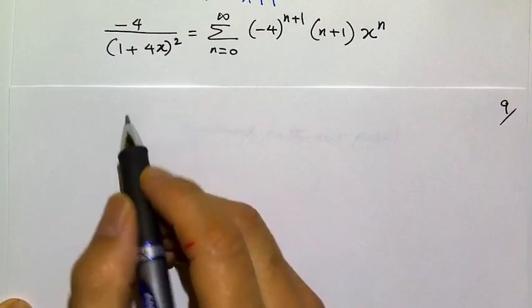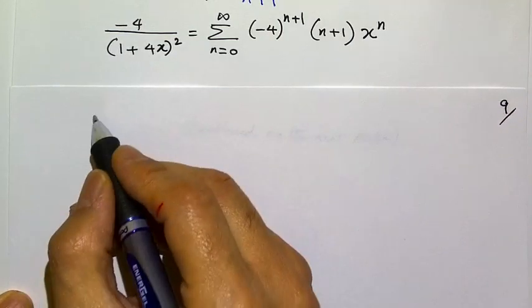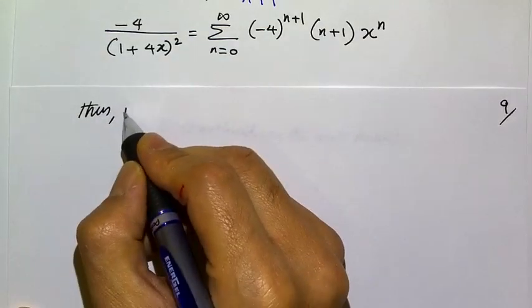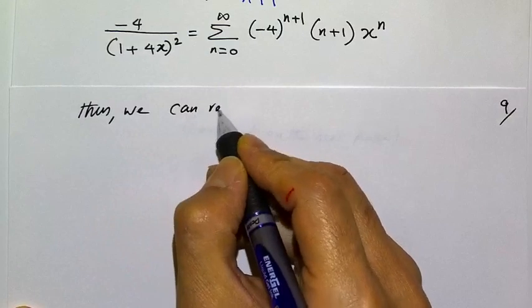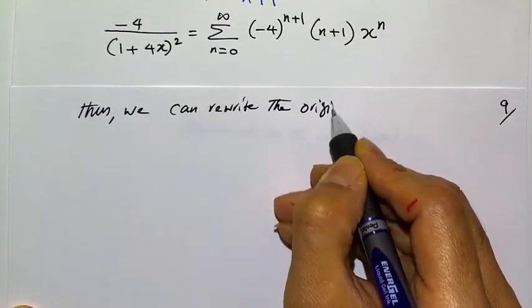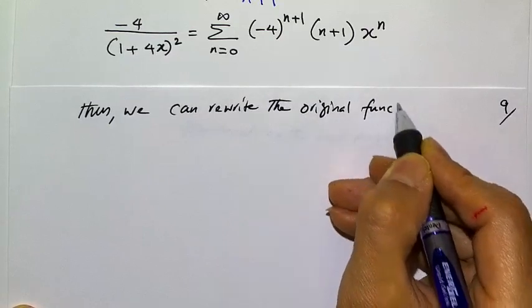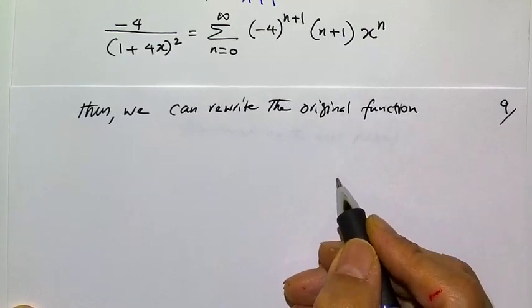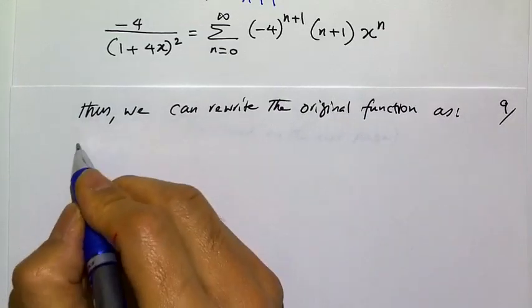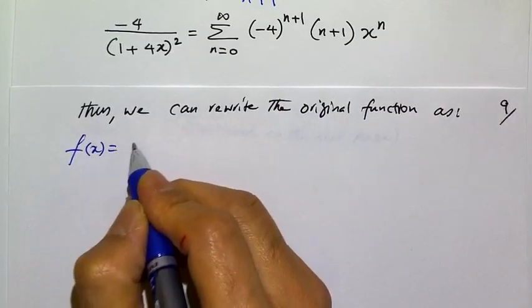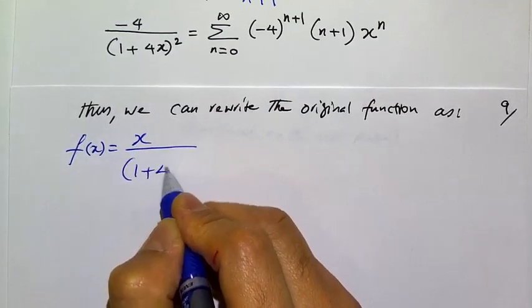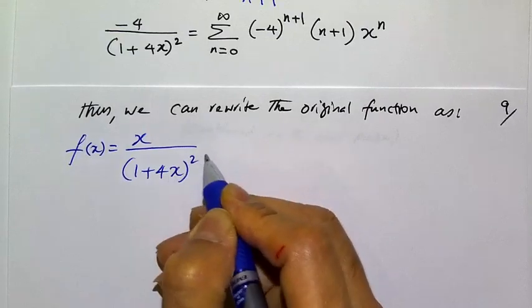So we can then rewrite the original function based off of this. This is what we started with, x over 1 plus 4x squared, right?